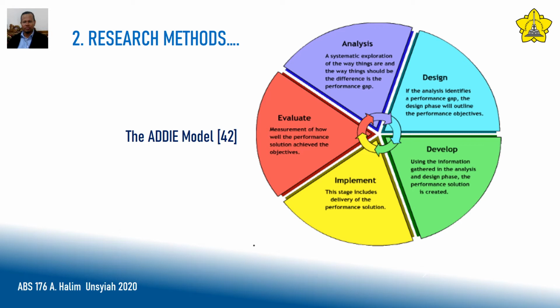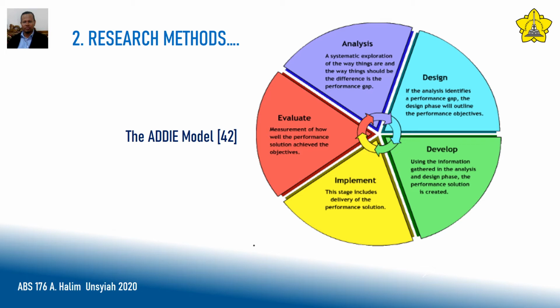First, the analysis. What is the analysis? A systematic exploration of the way things are and the way things should be, the difference being the performance gap. Design: if analysis identifies a performance gap, the design phase will outline the proven objective.